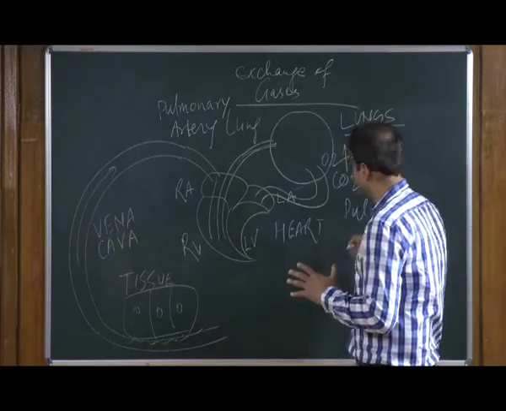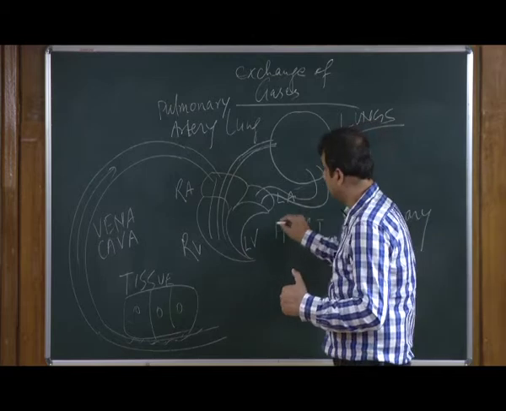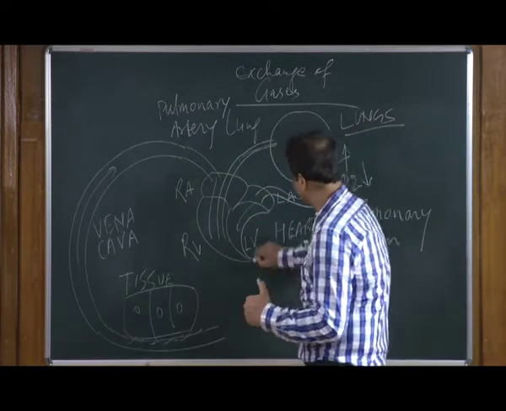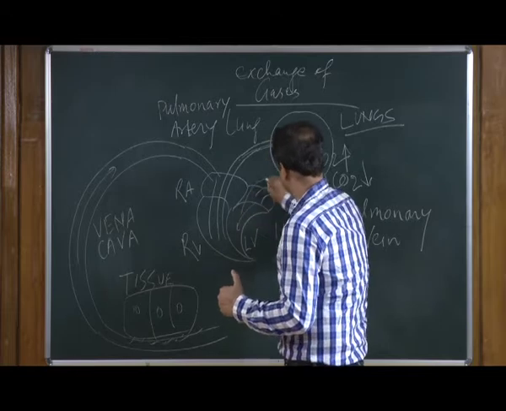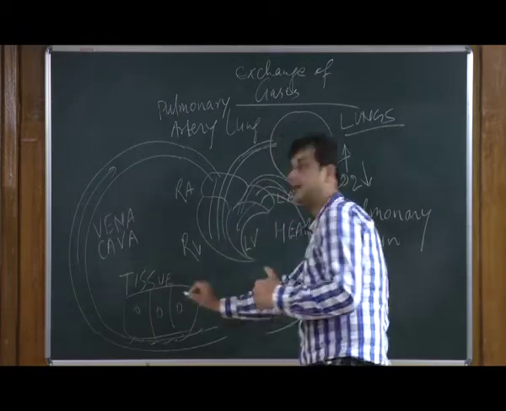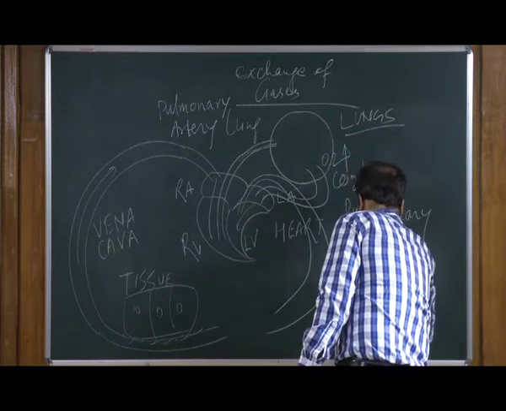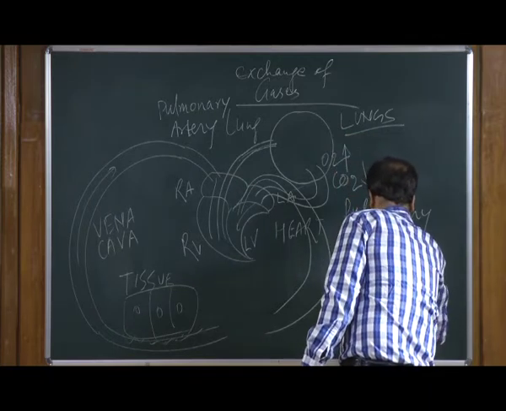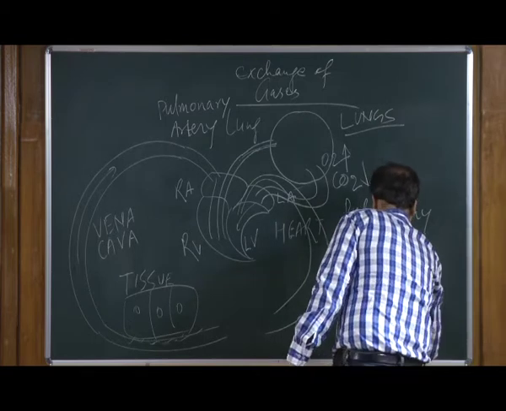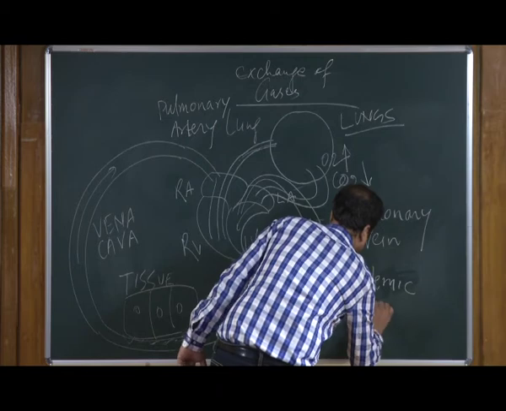Now this pulmonary vein, which is carrying the oxygenated blood, is getting transferred to the left ventricle, and from the left ventricle another artery is coming out, and this is called systemic artery.